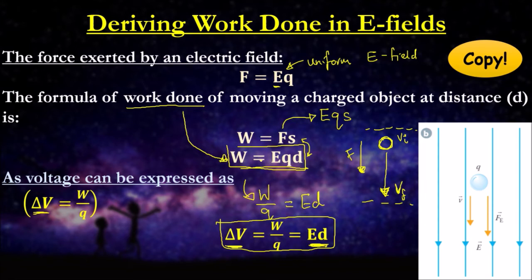We could also redefine the formula for work done as work done is equal to delta V times Q. So we can use this formula here to represent work done, or we can use this formula here to represent work done. So you can see how you can move these formulas around to express different components.